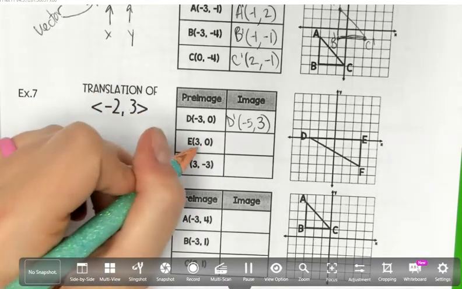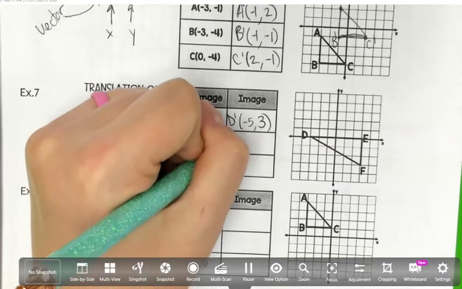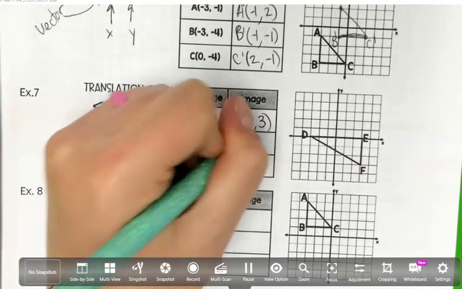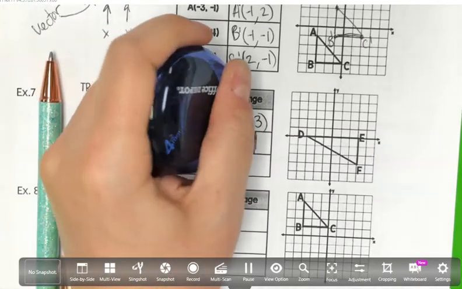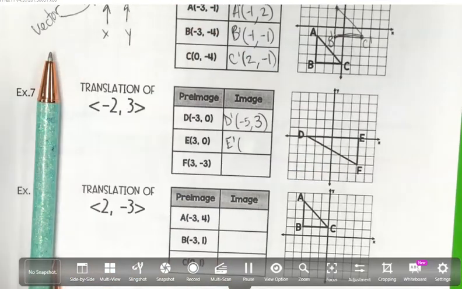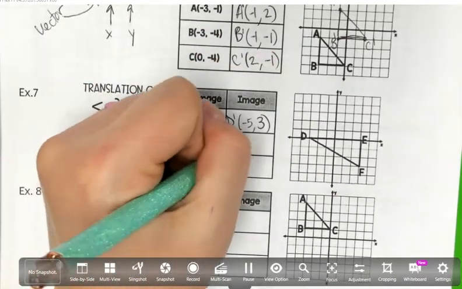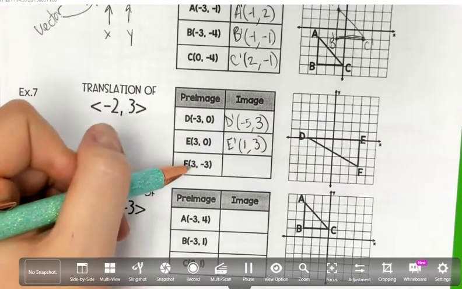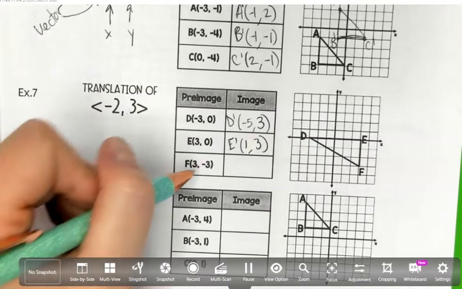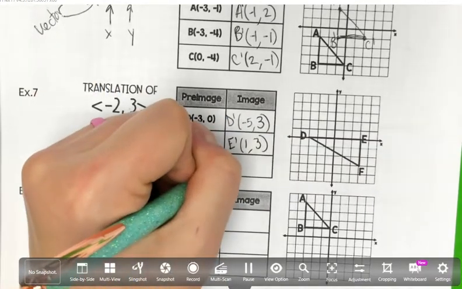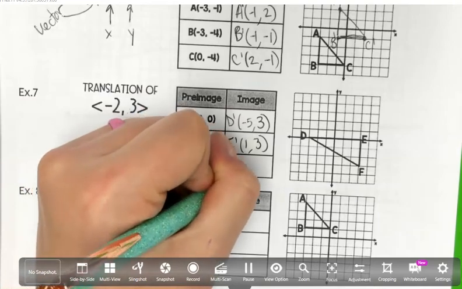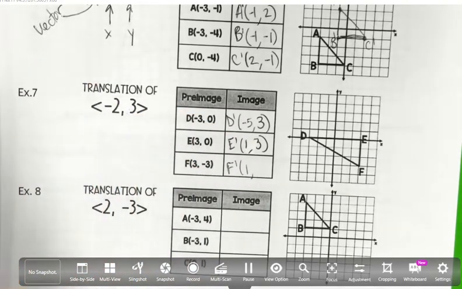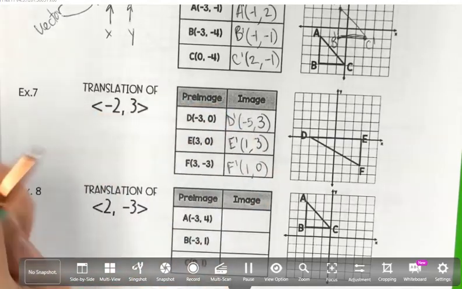All right, and then E, 3 plus negative 2 is positive 1. It's basically 3 minus 2. So 1, and then add a 3. It's 3. And then for F, 3 minus 2 is 1. And then negative 3 plus 3 is 0.